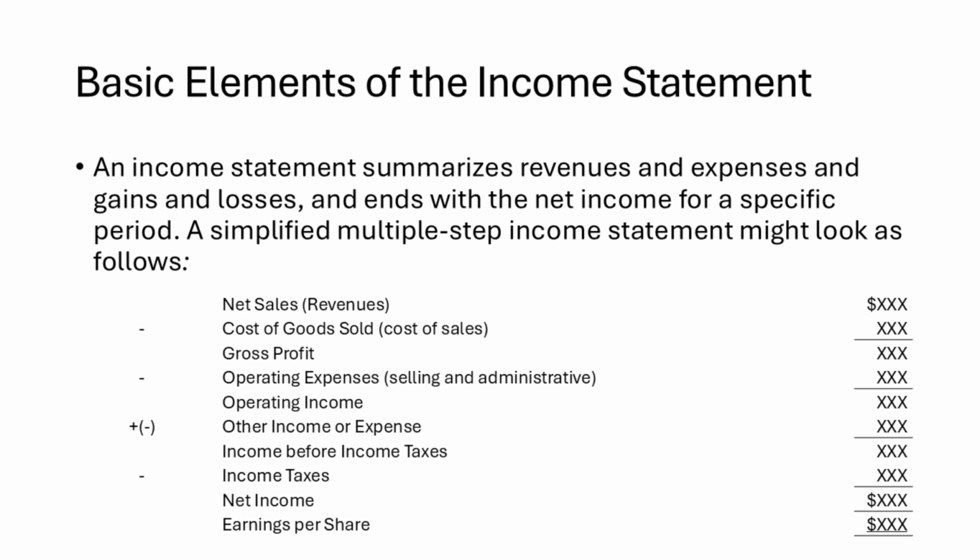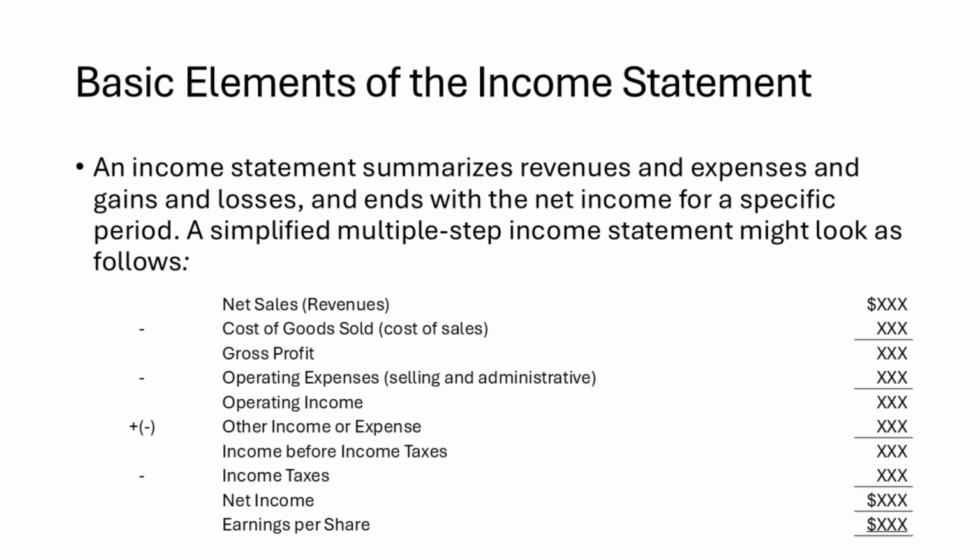There are two different formats, simple or multiple step. Here is a simplified multiple-step income statement. It may look like this. We have the revenues, and the cost of goods sold, or cost of sales, as a negative term. Then we show the gross profit, and operating expenses, selling or administrative, is also a negative item. The plus item is the operating income.